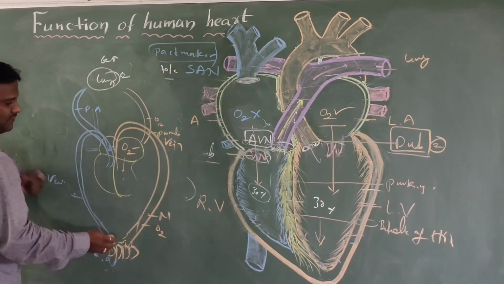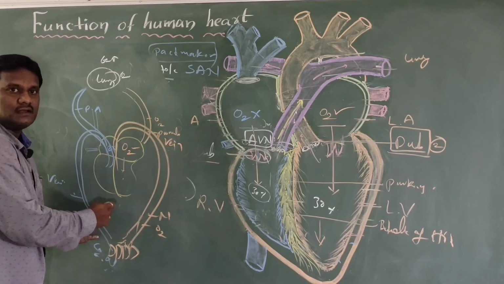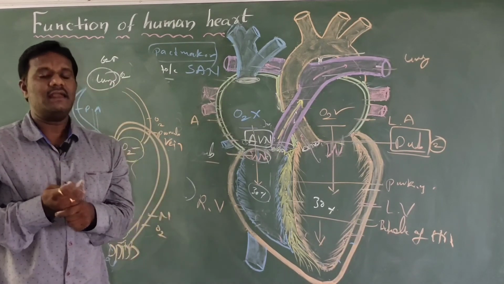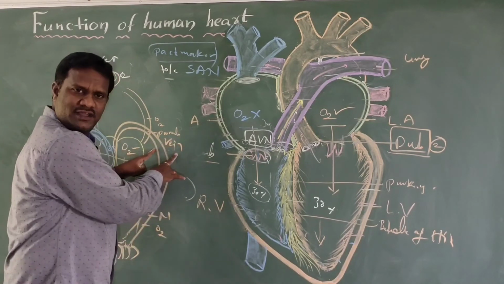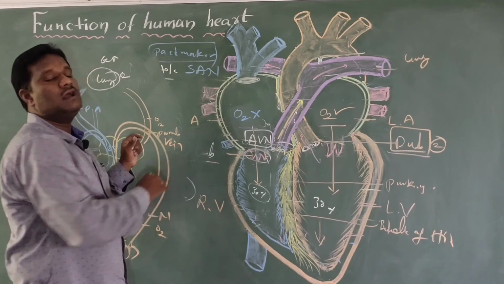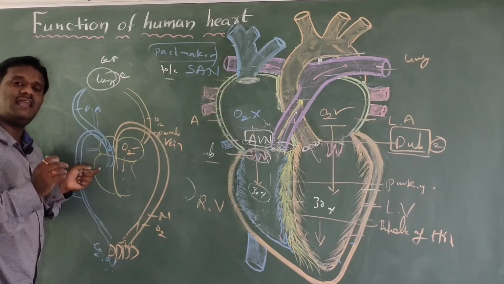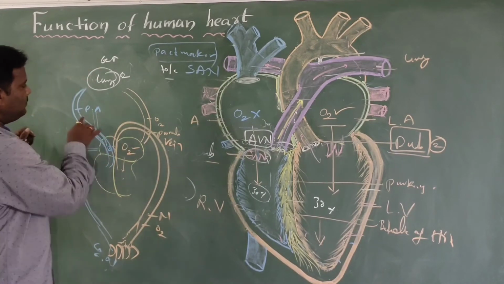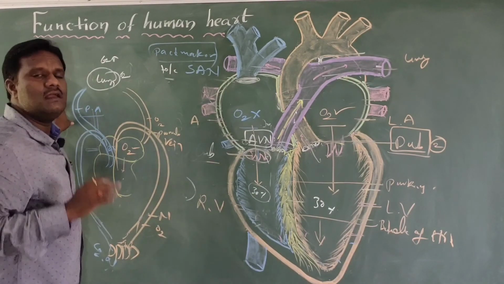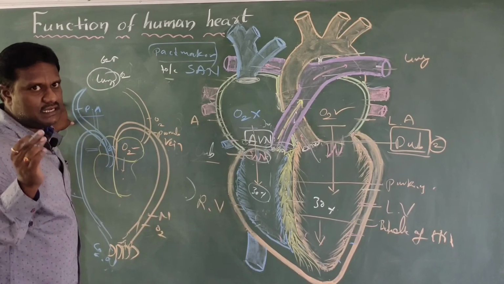So the veins collect the waste blood. All veins carry waste blood except the pulmonary vein. Remember, this is most important for the NEET bits. All arteries carry fresh blood except the pulmonary artery. This is the main focus and is most important for the NEET bits.